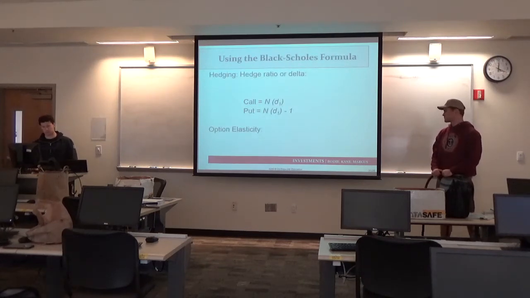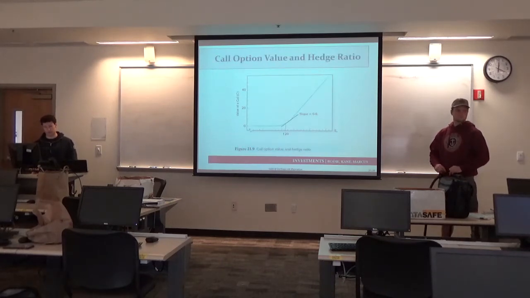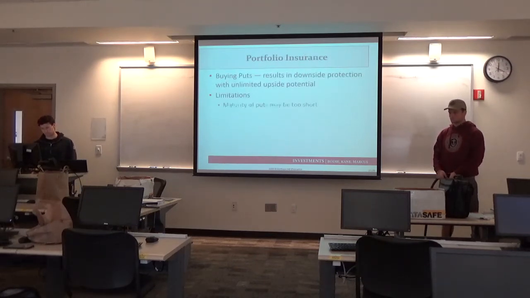Using the Black-Scholes formula, the hedge ratio or delta: call equals N(d1), put equals N(d1) minus 1, and option elasticity. This graph just shows the call option value and the hedge ratio as the slope goes up. Buying puts results in downside protection with unlimited upside potential.